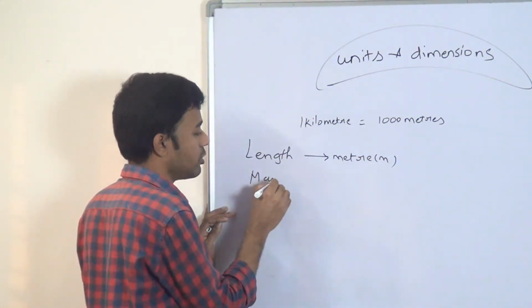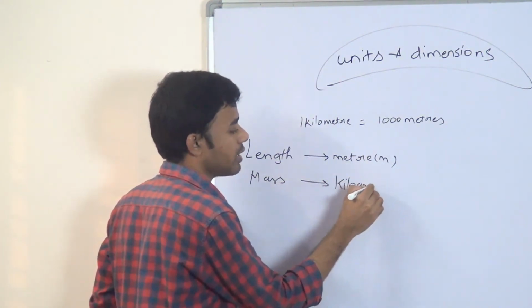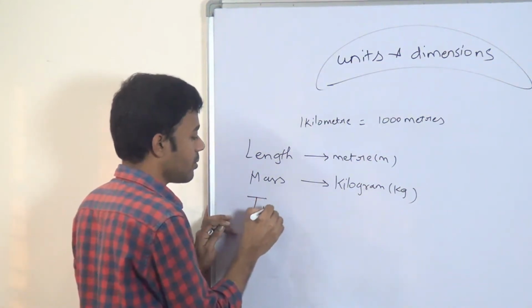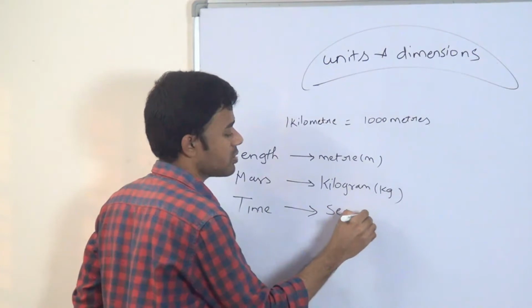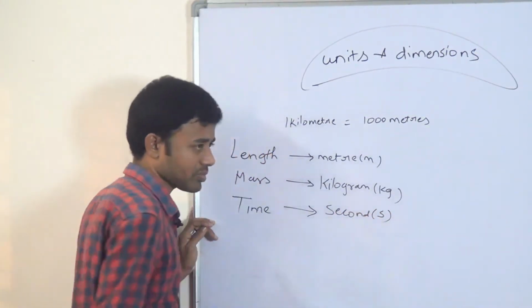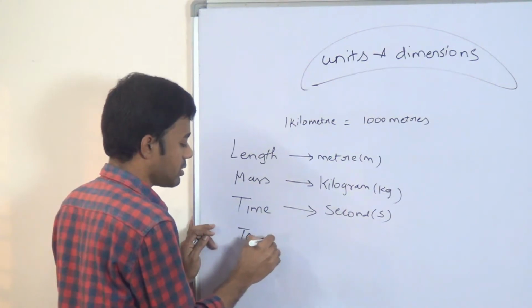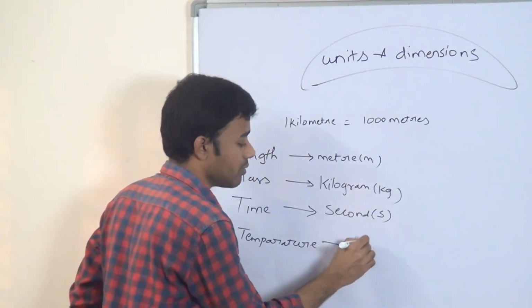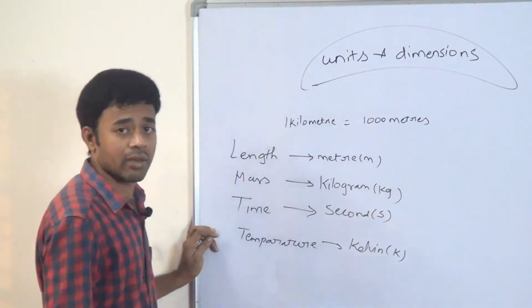Mass has SI unit kilogram, simply indicated as kg, and time has the SI unit of second, indicated by small s. Next we have the temperature. Temperature is indicated in terms of Kelvin. It is not degree Kelvin, it is simply Kelvin.